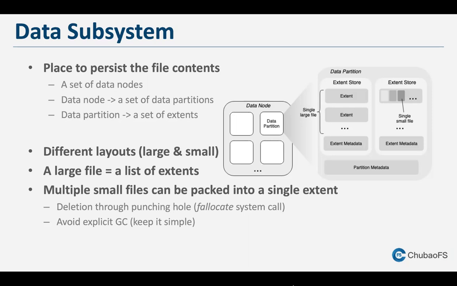An overwrite does not change the offset of the portion of the file already written, so there's no need to update the metadata, which saves lots of computation overhead. That's what we did for optimizing this kind of storage. I'm not sure if that was understood. Yeah, that answers your question.